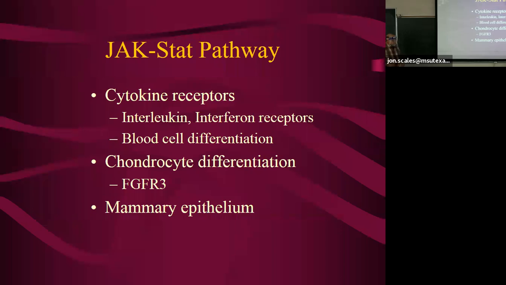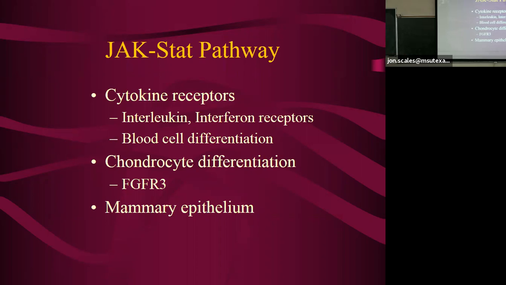The JAK-STAT pathway is one where a lot of interleukins and interferons, those are cytokines, are involved. When I say blood cell differentiation, we're really talking here mostly about white blood cells and the immune system. So T cells, B cells, the various other lymphocytes that you have.